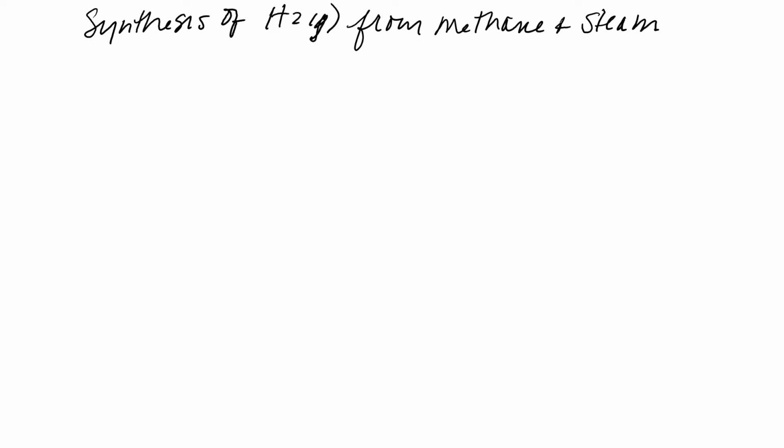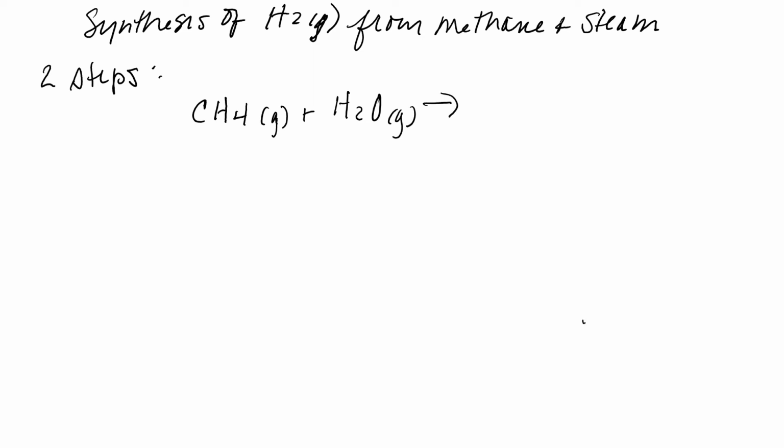So there are two steps in this process. The first is the reaction of methane with gaseous water or steam. And this produces carbon monoxide and 3 moles of H2 gas.